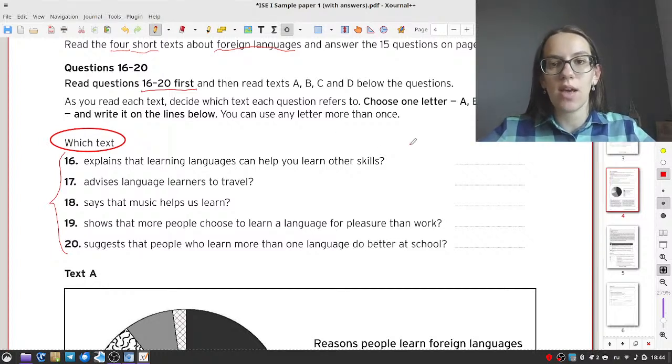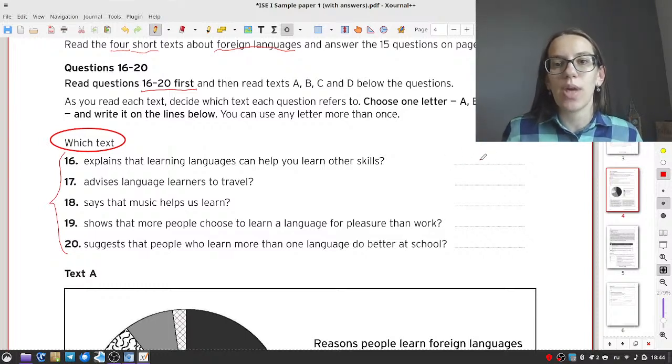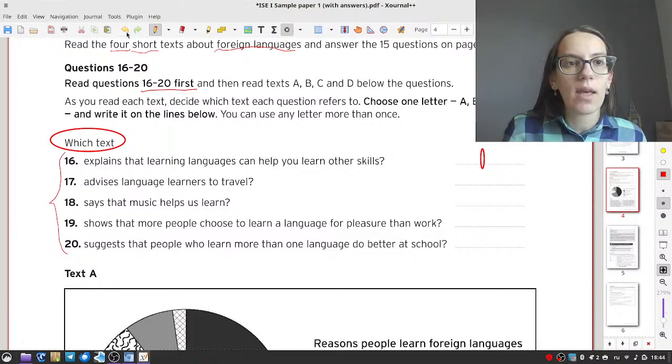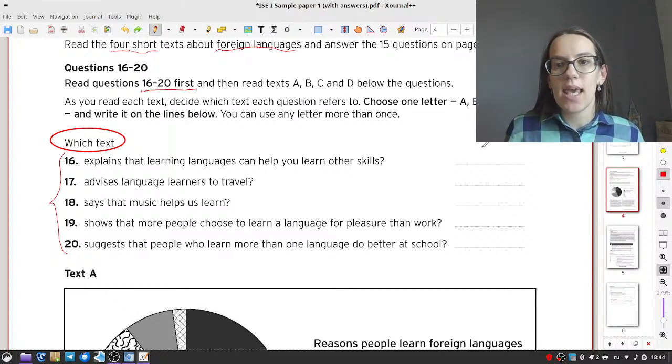So it means that the answer here, for example, of question 16, it can be, for example, this is not the real answer, we haven't read the text. For example, it's text A. You decided that it's text A, you would write the letter A like this here, right?